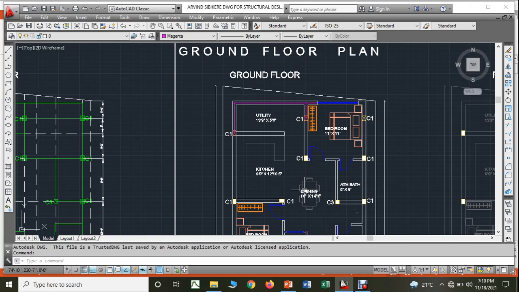Then you may have the question on what basis we are supposed to find the beam and column dimensions. But I will make it very clear that whatever dimensions we consider, it is not the final dimension, it is a preliminary dimension. This dimension may definitely be altered once the preliminary analysis is done.